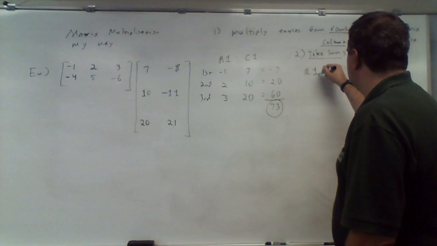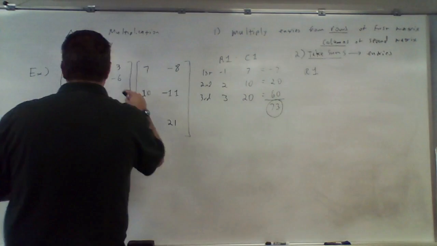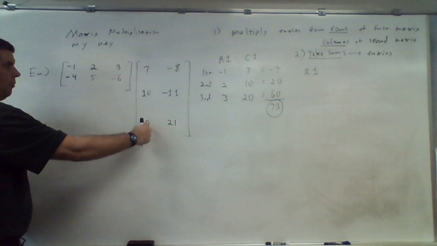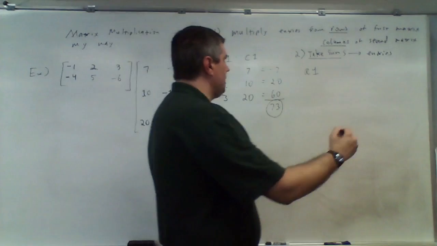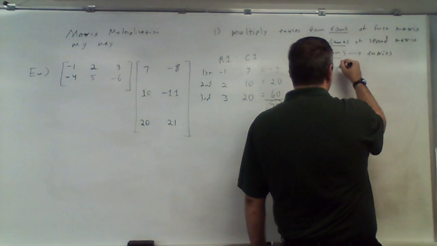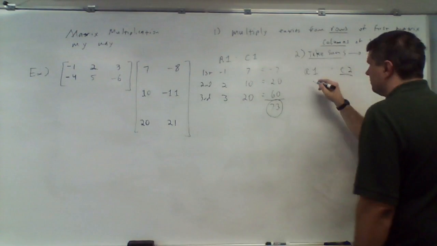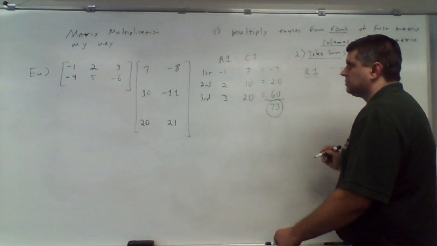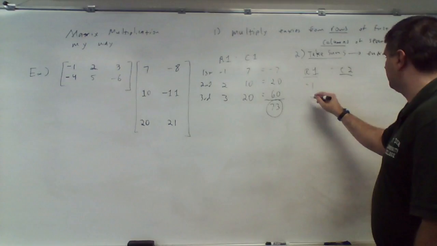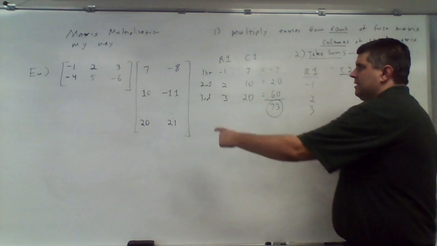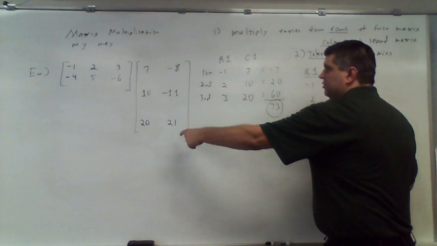So we did row 1 by column 1. Now we'll do row 1 by column 2. Row 1 times column 2: -1, 2, and 3, and -8, -11, 21.